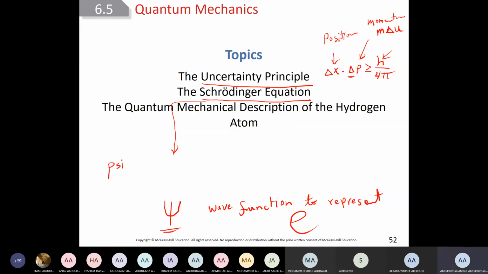Okay. What is more important than psi? Psi square. What's psi square?